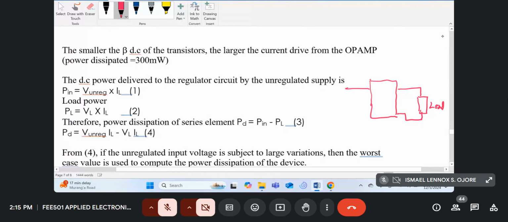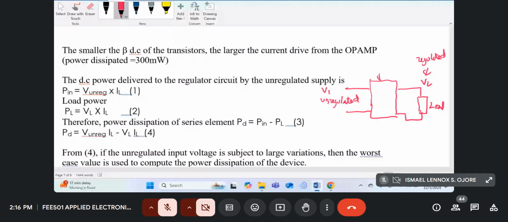And this is your unregulated power supply. And this is VL. So this is your unregulated, and this is your regulated. And this is your regulator.